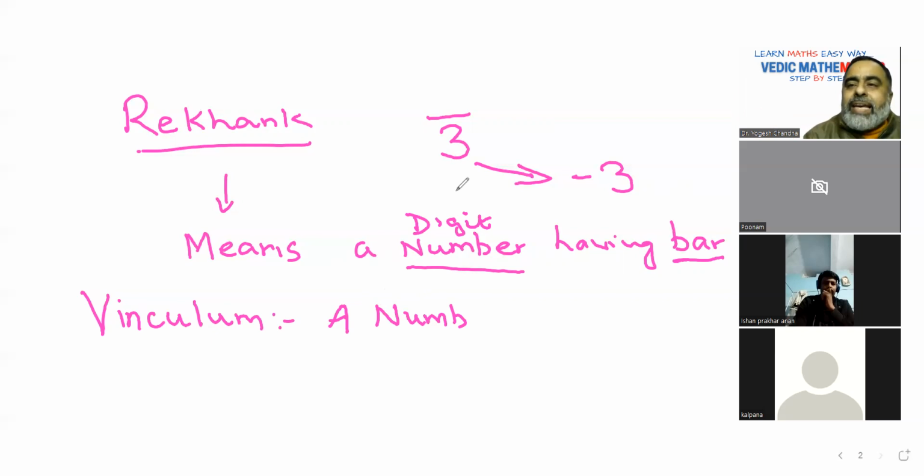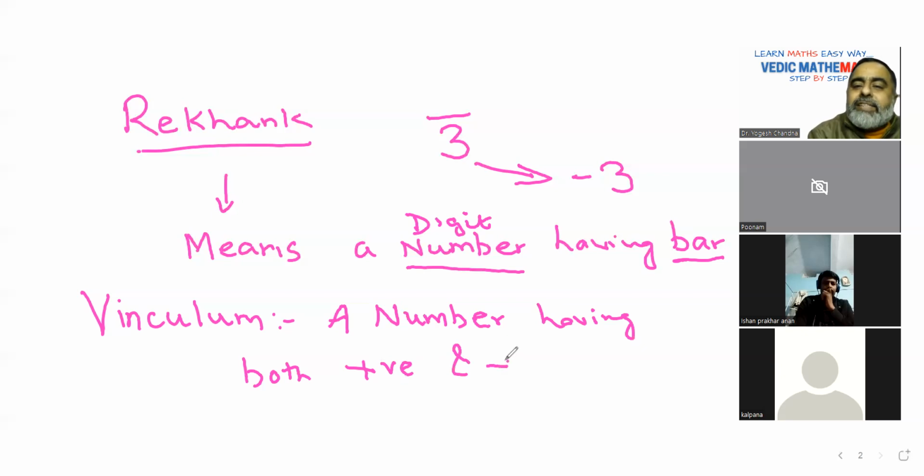But in a vinculum number, you have both positive and negative digits.